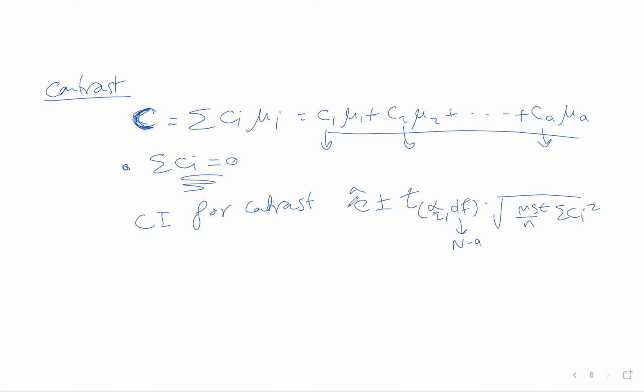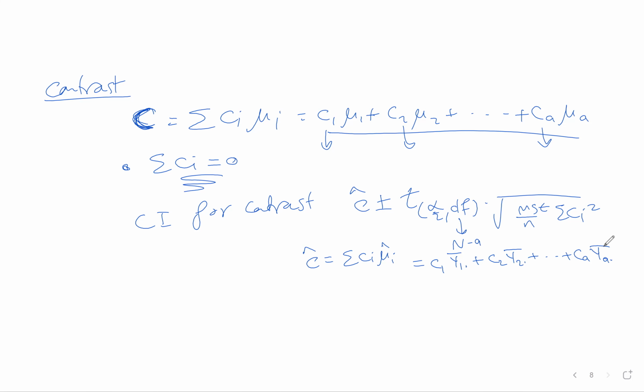So how do I estimate C hat? The estimation of C hat is the sum of CI mu I hat, which is C1 times Y1 dot bar plus C2 Y2 dot bar plus up to the last one, CA times YA dot bar.